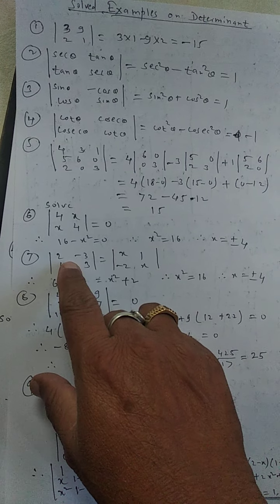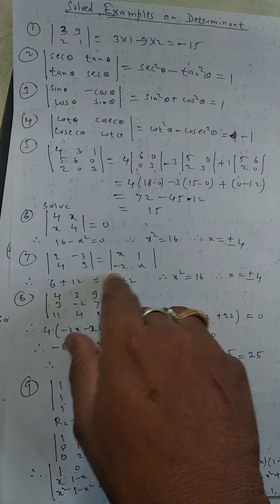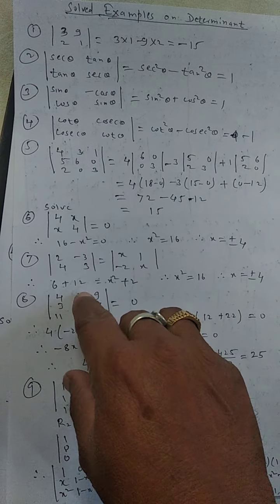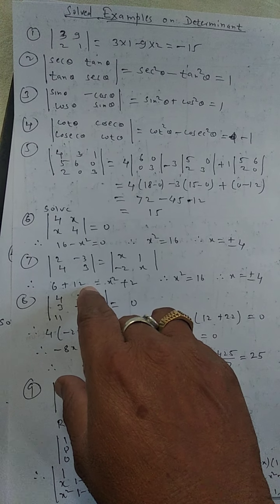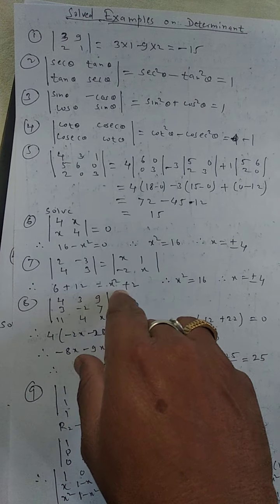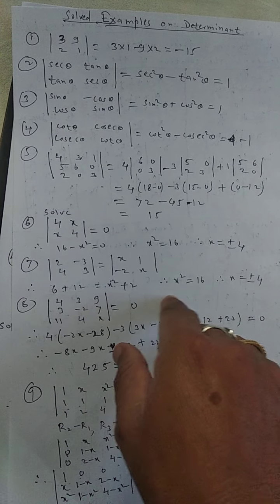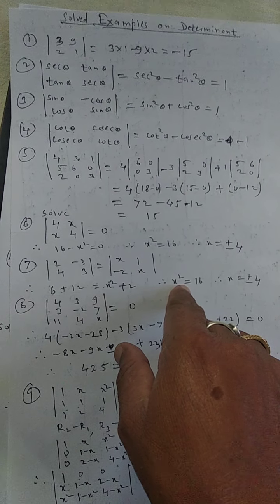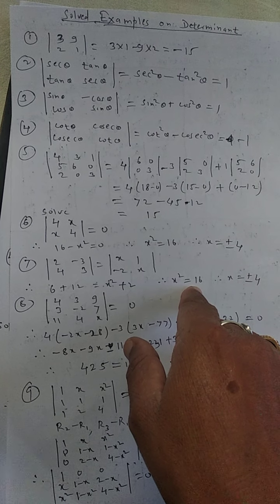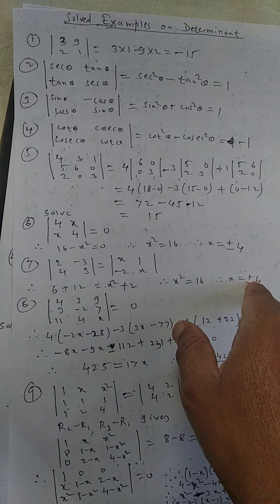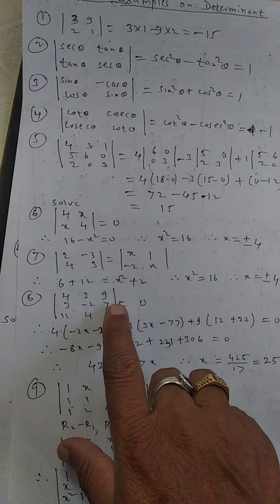Second example in that category, 2 minus 3, 4 3, that is x 1, minus 2 x. So this one is 6 plus 12 is equal to x square plus 2. So x square is equal to 16 again, therefore the answer comes out to be plus minus 4.